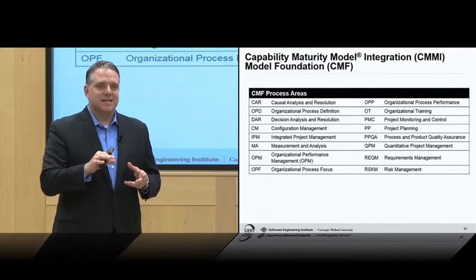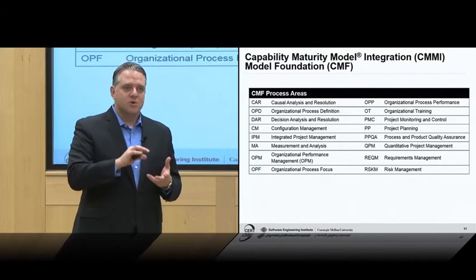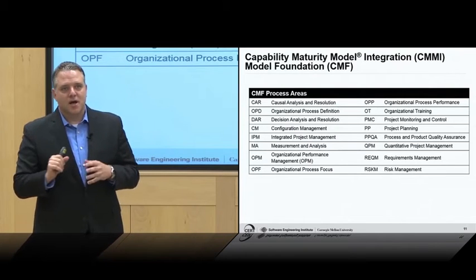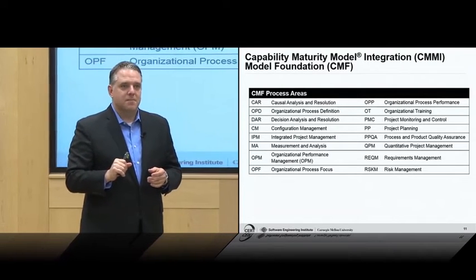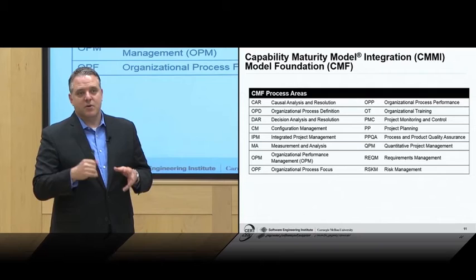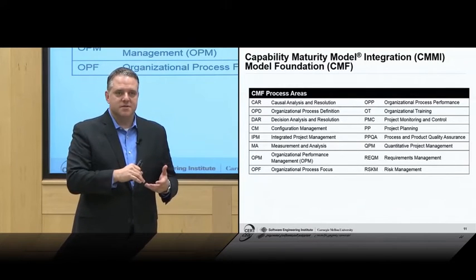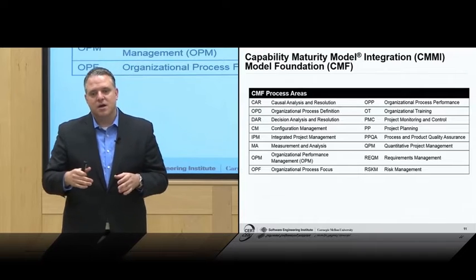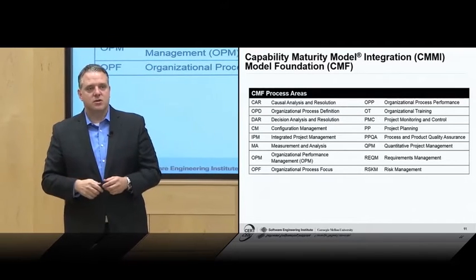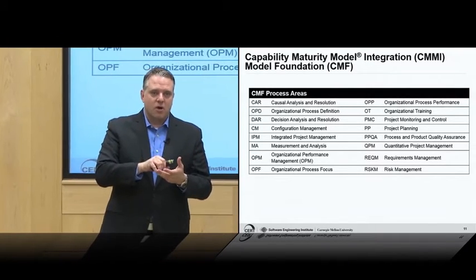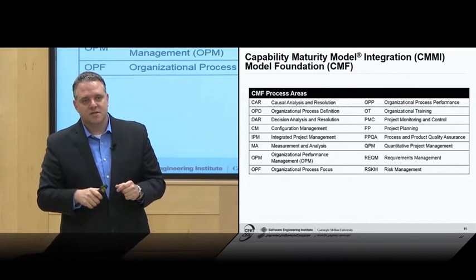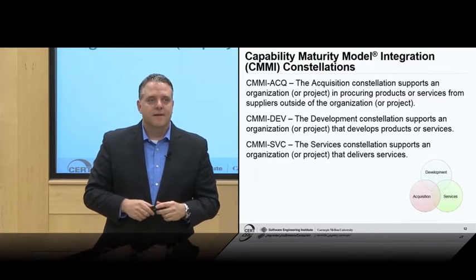And so in this model, there's a core set of processes, the Capability Maturity Model Foundation, or CMF. There are certain core process areas that you can follow, or activities that you can do. And these are considered the core, kind of at the center of those 3 different constellations that we talked about.